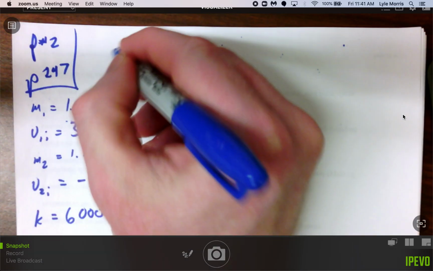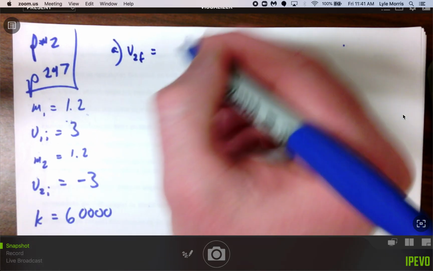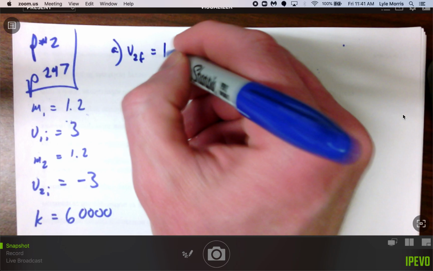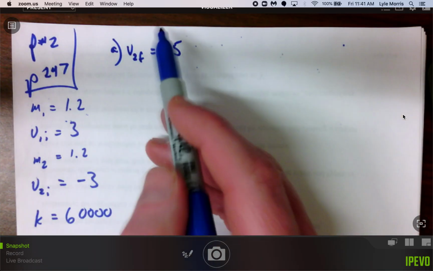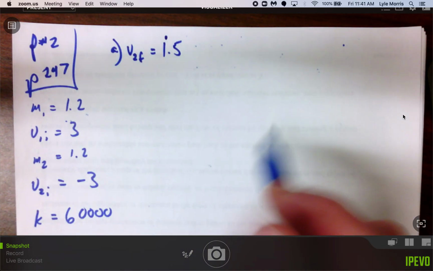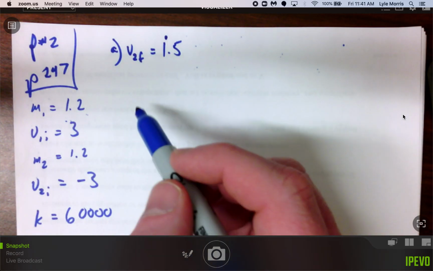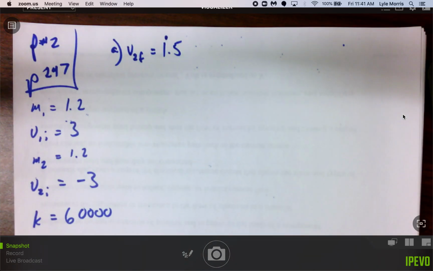Okay, so for part A, V2F equals 1.5. Okay, it was going left, now it's going right. So in this case, we have two unknowns. If we look at that original equation, I don't want to write it out right now because we'll have to do it after.